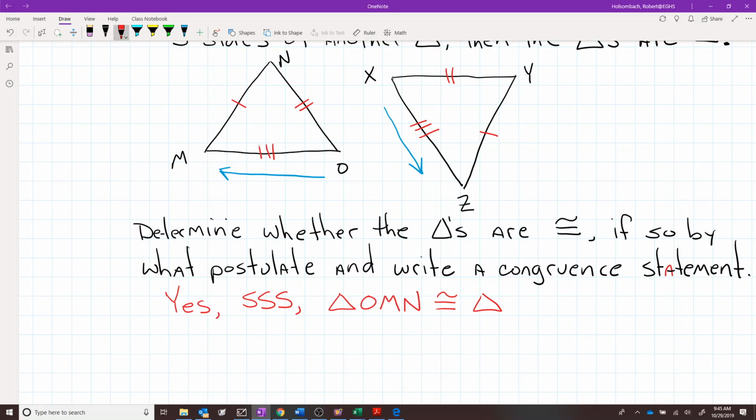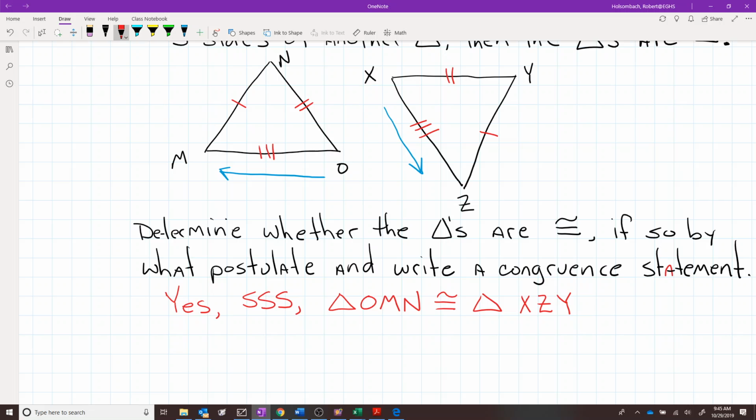So the description of the triangle on the right is going to be X, Z, Y. Very important. Because remember, your congruent statement has to show that corresponding parts are congruent. So the order of the vertices that you use is extremely important.